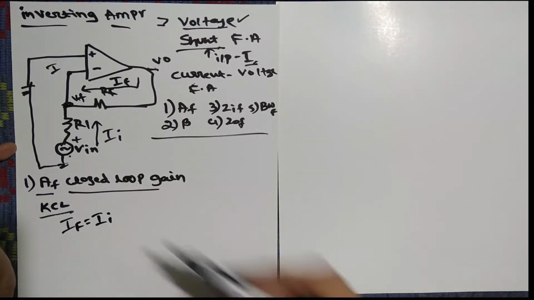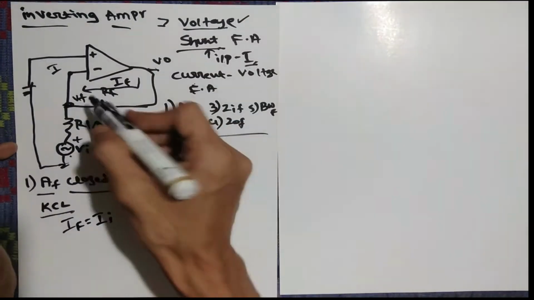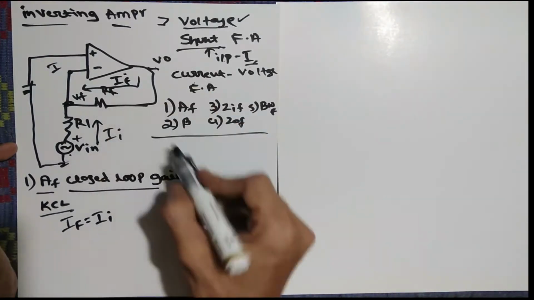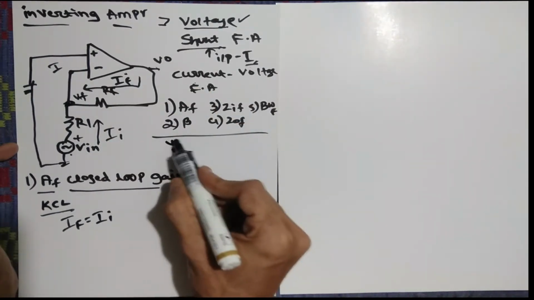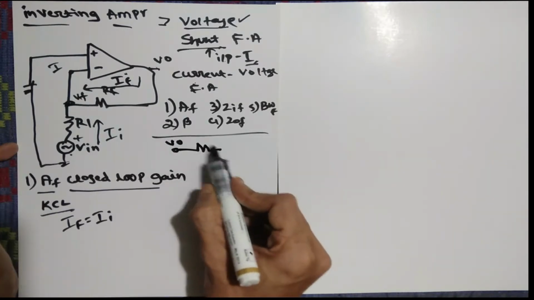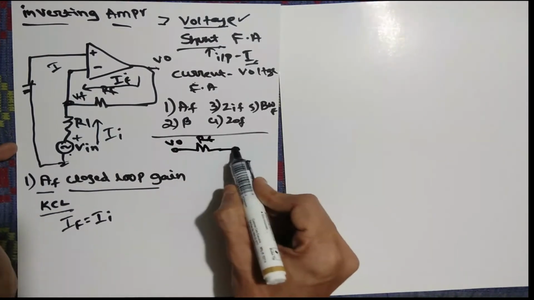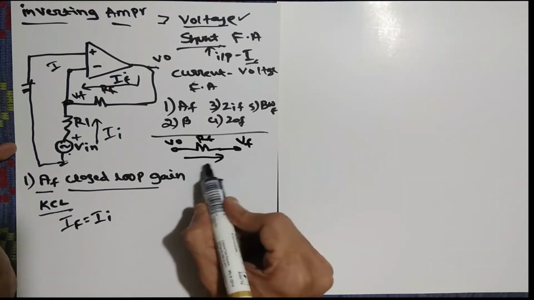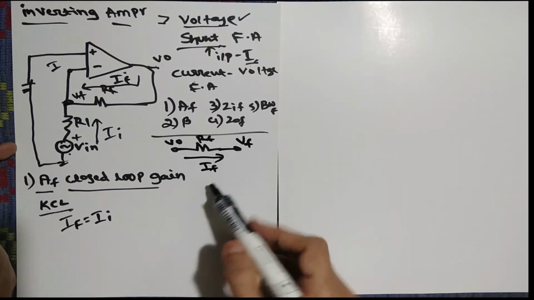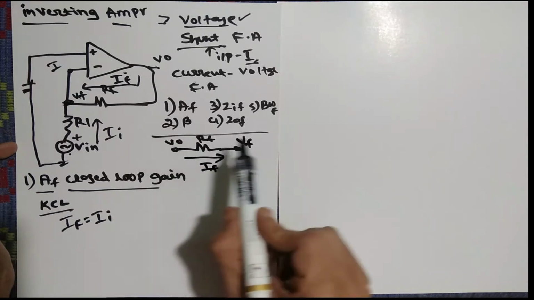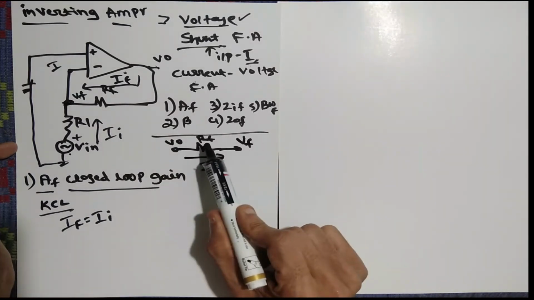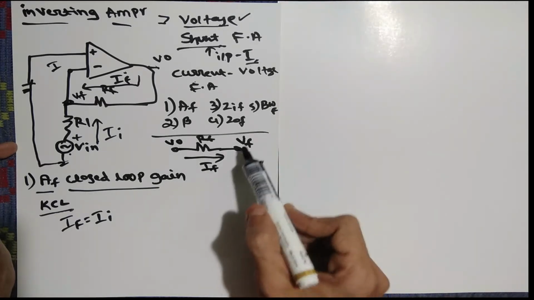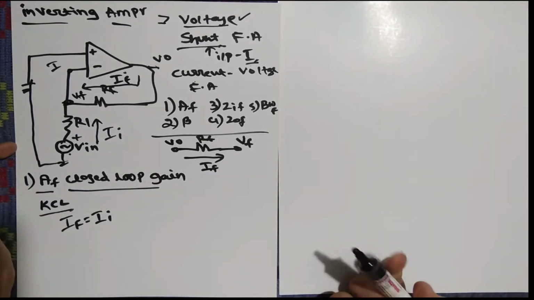So what is IF and what is II? Taking the IF portion first, we have V0, then a resistor RF, and the other voltage node VF. The current going through is IF. So IF is the difference of voltage, V0 minus VF divided by RF, or we can also write VF minus V0.